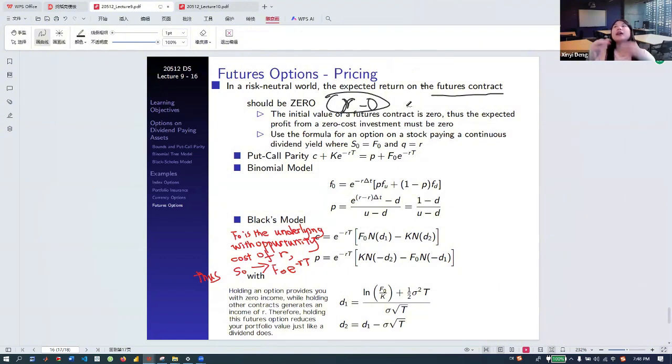And therefore, this R has the same effect as the dividend yield, right?